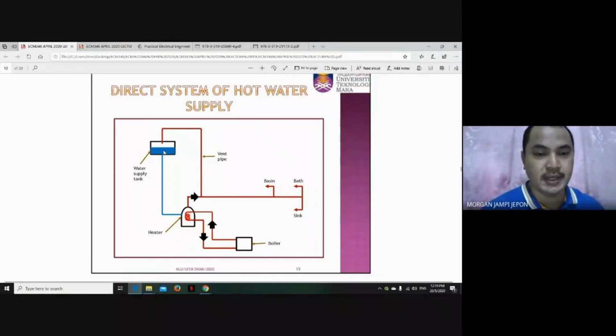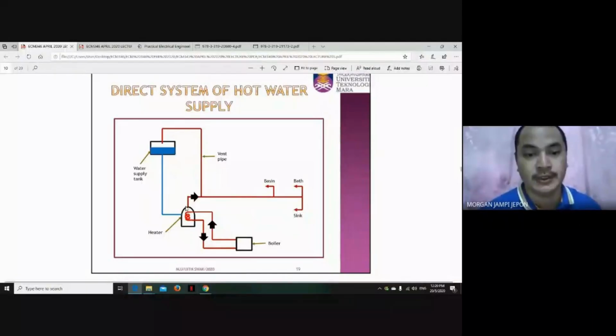Water supply comes from the water supply tank. This is cold water supply. So cold water supply goes to the heater, and another part of the heating system is called the boiler. A boiler is like a big kettle, a big kettle to store the hot water.